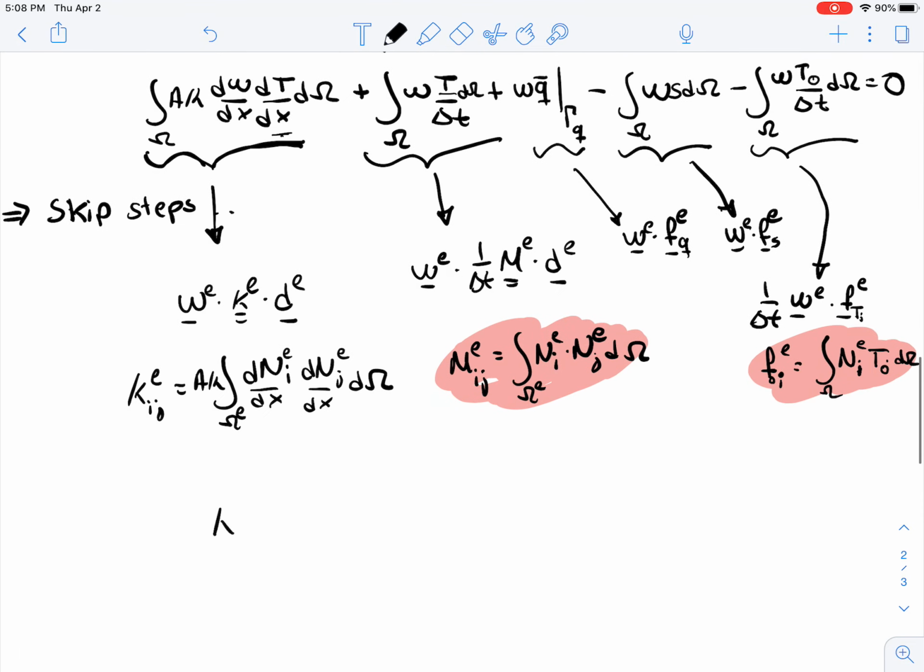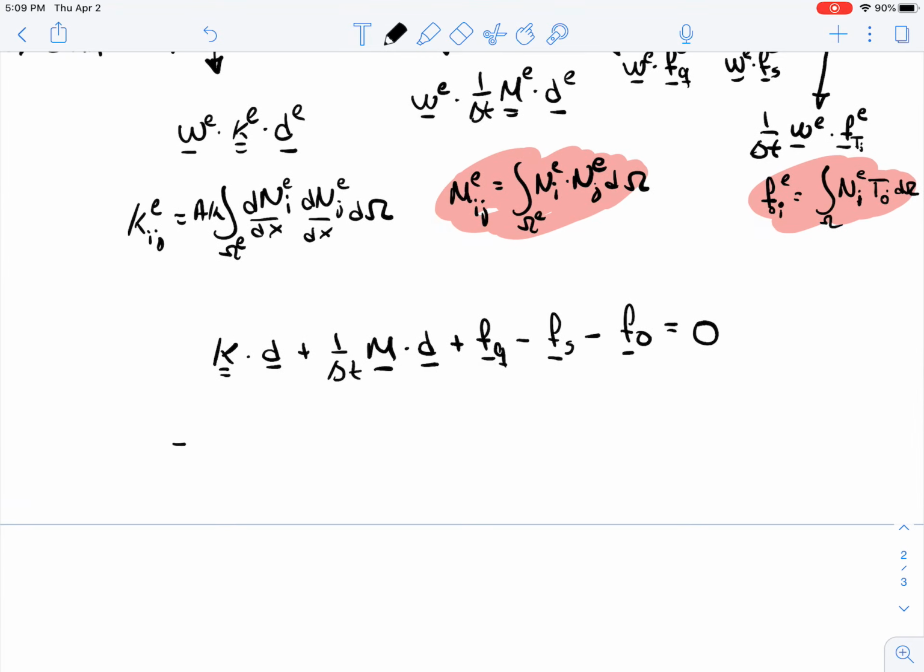So if you substitute this, what you'll see is that at the end of the day I'm gonna get the stiffness matrix times the D, plus now this 1 over delta T, the mass matrix times the D, plus the force vector due to the fluxes, minus the force vector due to the source, minus this force vector, I'm gonna call it F naught, which is basically the contribution from the previous time step, equals 0.